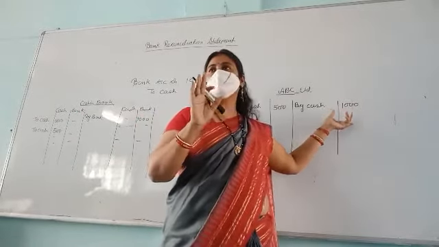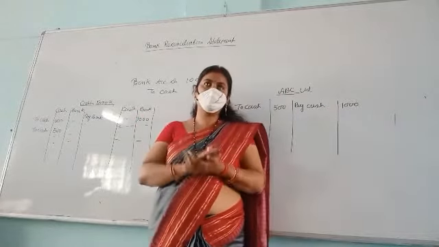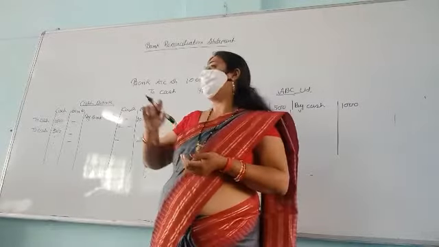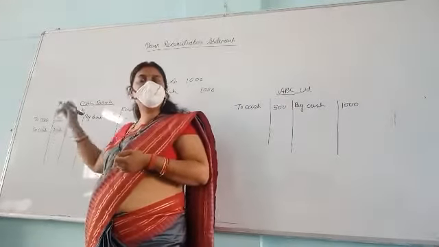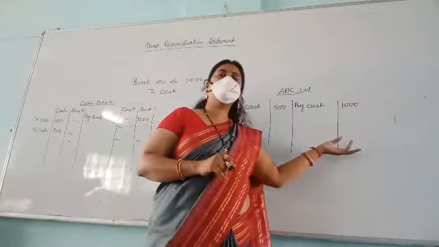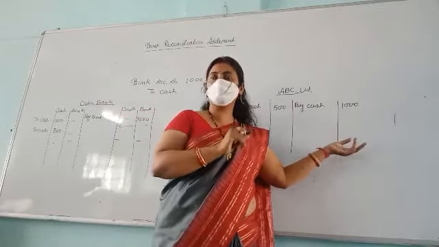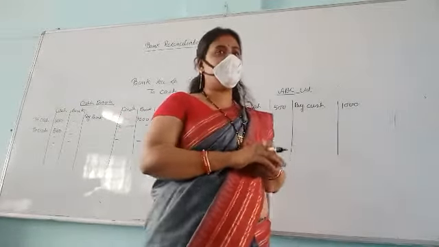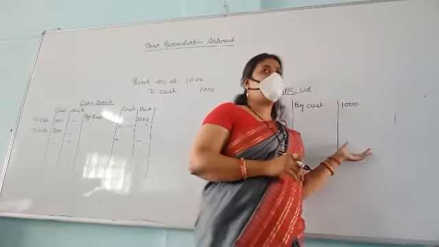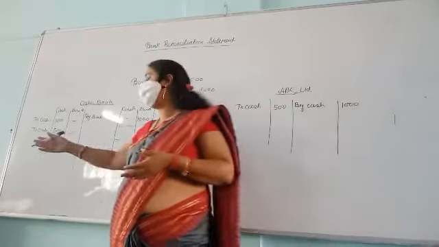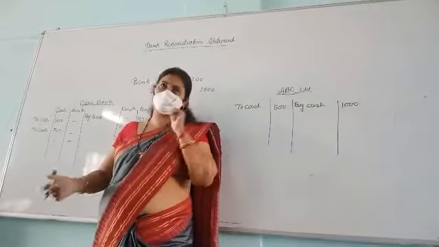Is it clear or not? If we have deposited 1000 into the bank, our cash book has been debited by 1000 and the passbook shows a credit balance of 1000. So it is necessary that the credit side of the bank passbook must be equal to the debit side of the cash book.